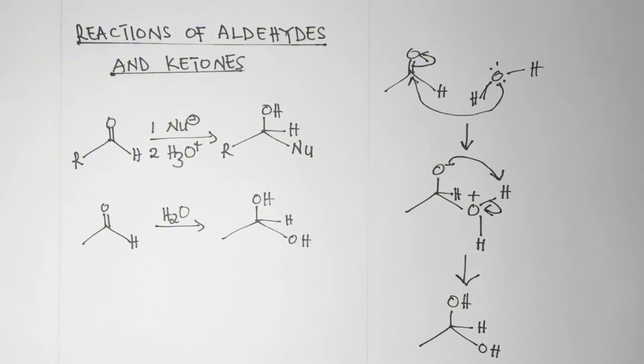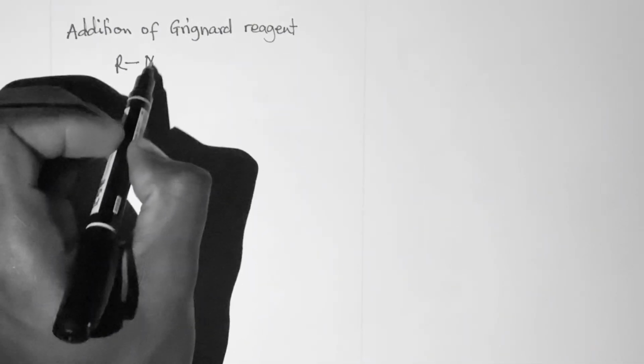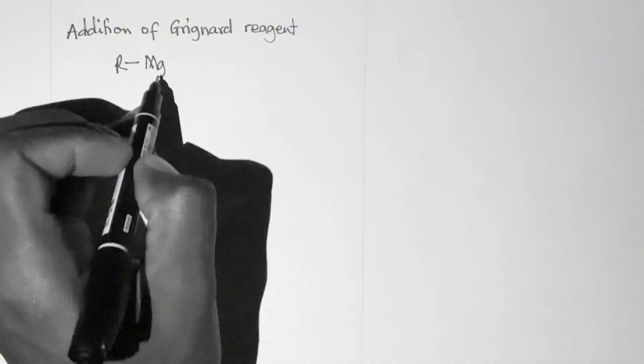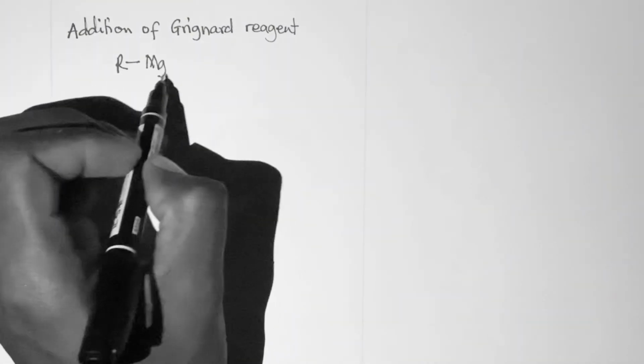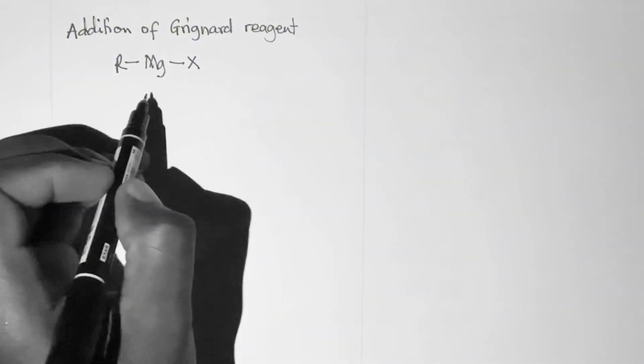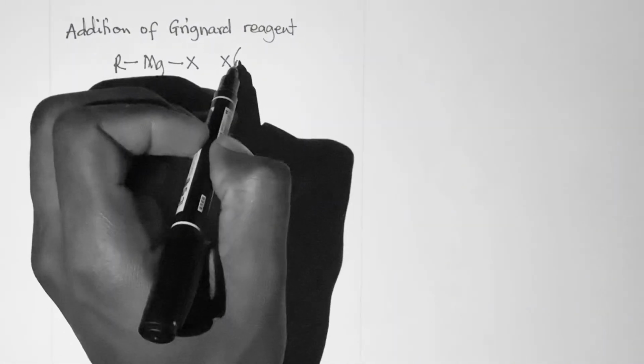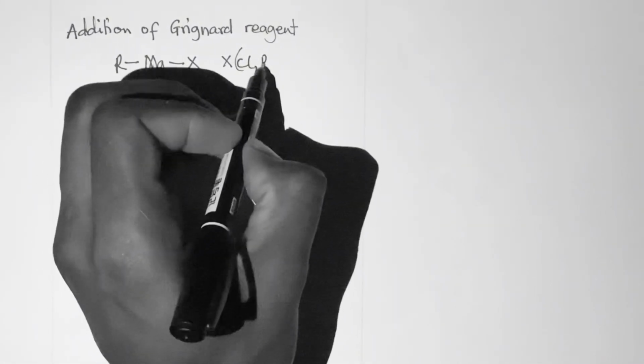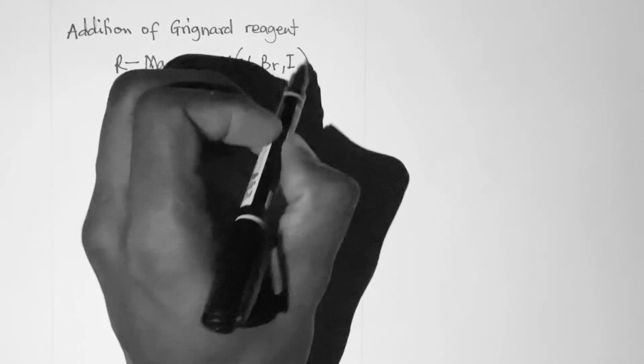This is the reaction mechanism that will lead us to the final product. So the first reaction of an aldehyde and a ketone that we are going to talk about will be the addition of the Grignard reagent. Now, a Grignard reagent is a magnesium atom that is sandwiched between a hydrocarbon and a halogen, where X is either a chlorine, a bromine, or an iodine.